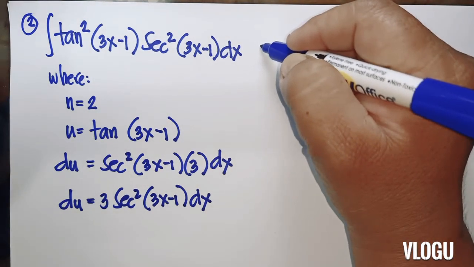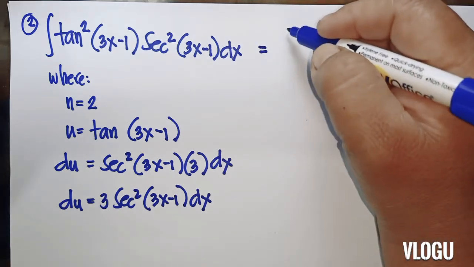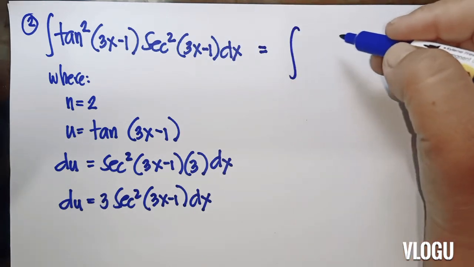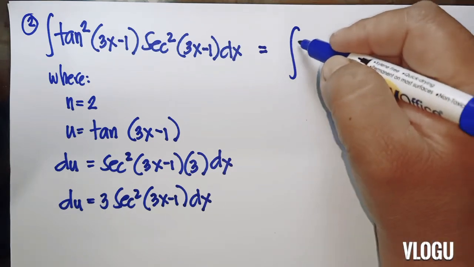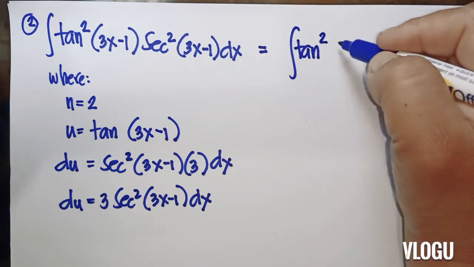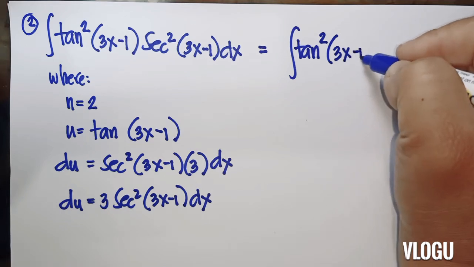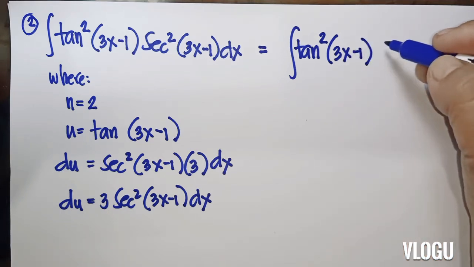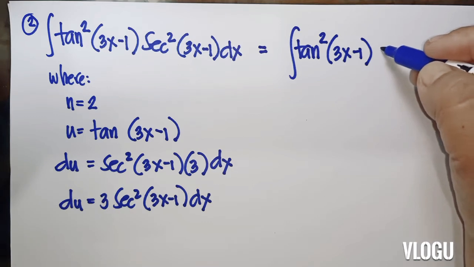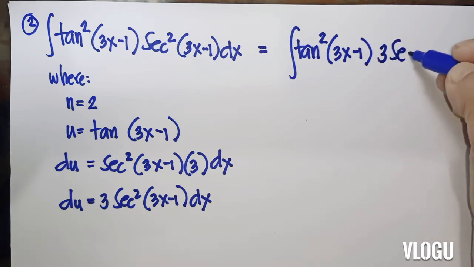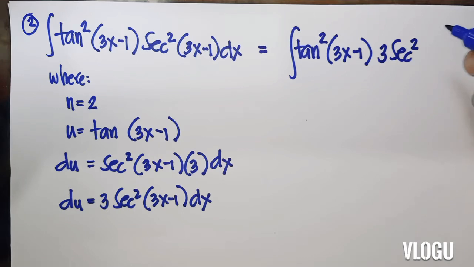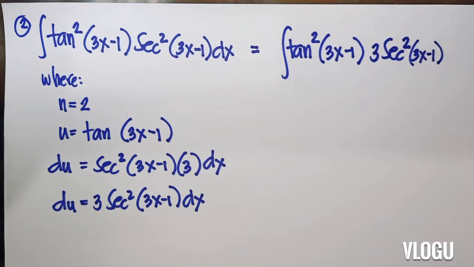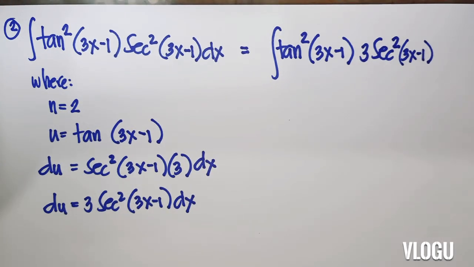So we can have the integral of tangent squared (3x minus 1), and our du is equal to 3 secant squared (3x minus 1) dx.